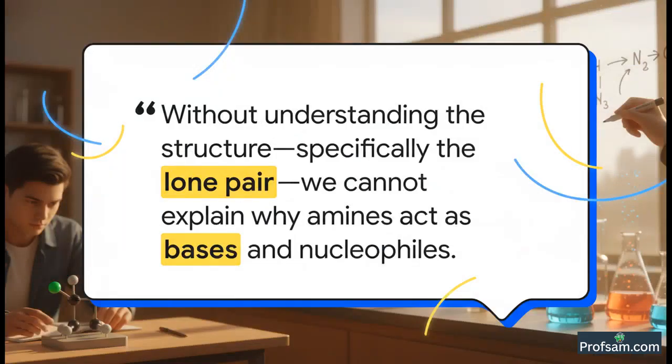Simple as that. And this, my dear students, is why we teachers are always telling you that structure is so important. This whole concept exists to solve a fundamental problem, to explain why amines react the way they do. It connects what we can see in the lab, like the litmus test, to what is actually happening at the molecular level with atoms and electrons.